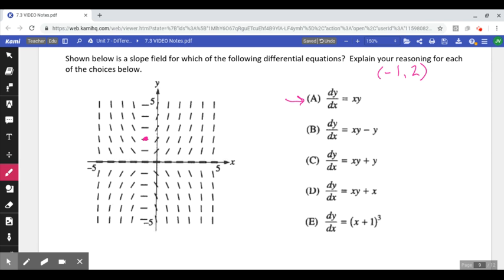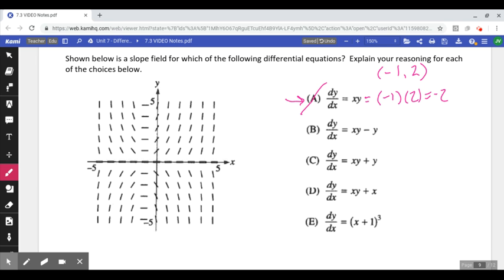If we use this point, we're going to have -1 times 2, which is -2. And that slope right here is definitely not -2, it's 0. So A can't be the correct answer.